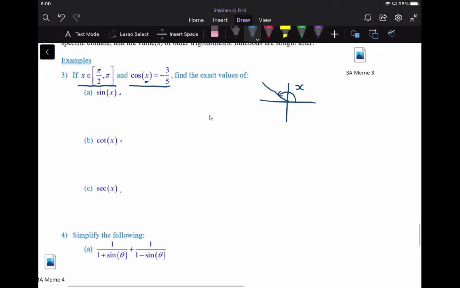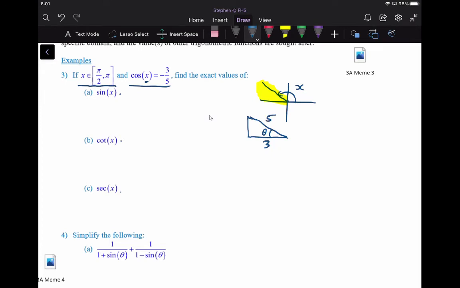But what we can do, just to make our life a bit simpler, is we're going to take this triangle. I'm going to just highlight that for you. This triangle that is being formed, and I'm going to draw it again. This time I'm going to call that theta, and let's now put in the value of cos. Now, cos is negative 3 on 5, so if you remember your SOHCAHTOA, cos is adjacent over hypotenuse.